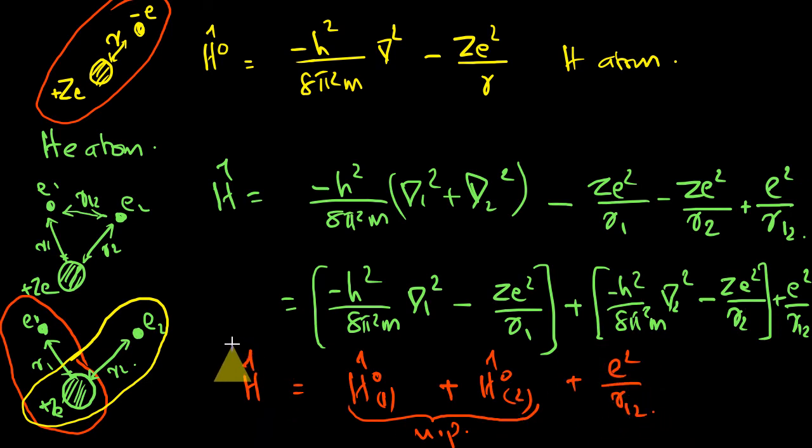So the Hamiltonian for the helium atom can be constructed as the Hamiltonian for the unperturbed system plus some additional term. So h cap is equal to h cap 0 plus lambda h cap dash, and in this case lambda h cap dash is e square divided by r12. That is a perturbation term.